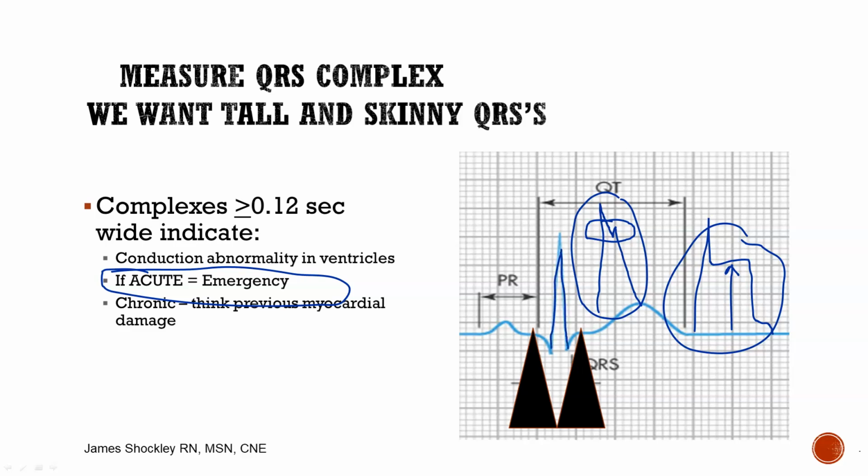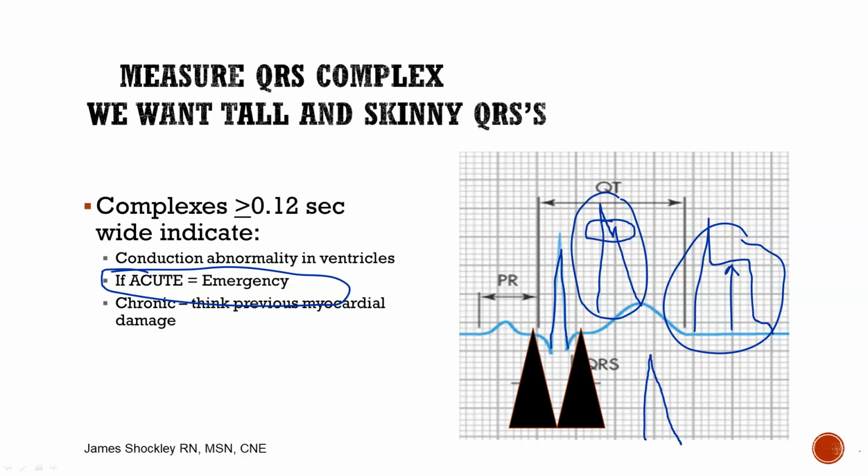If you have a cardiomyopathy, you can have, draw it down here, a chronically widened QRS. How do you know it's chronic versus acute? You go back and look at their 12 lead when they came in. Are they symptomatic or not symptomatic?